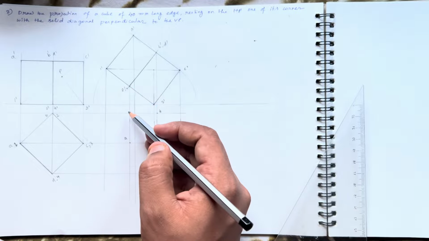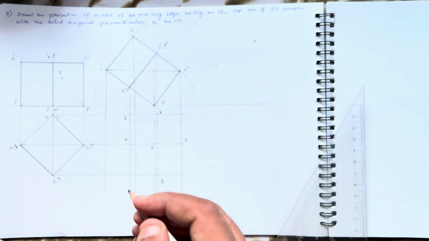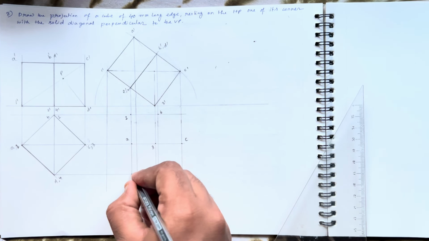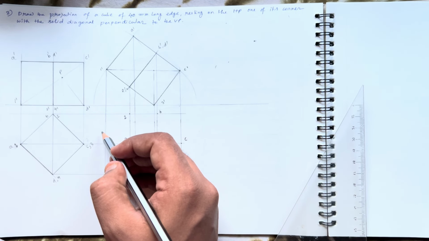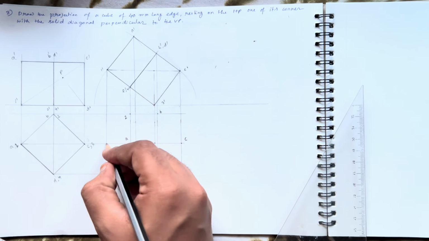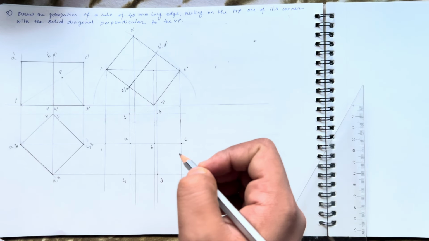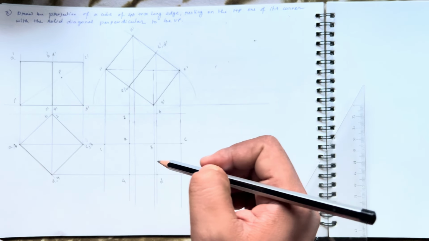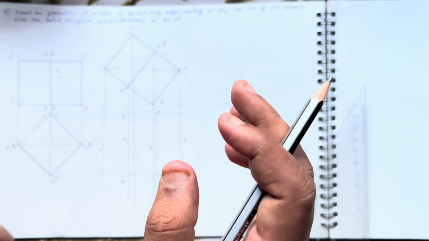This one is your 2 and 4, so this is your 2 and this is your 4. This one is 1, and here it is 1, so this is your 1. So 1 2 3 4 and A B C D. So we get all the points.